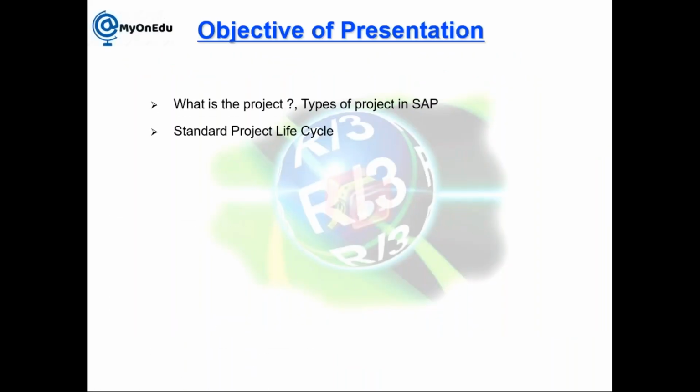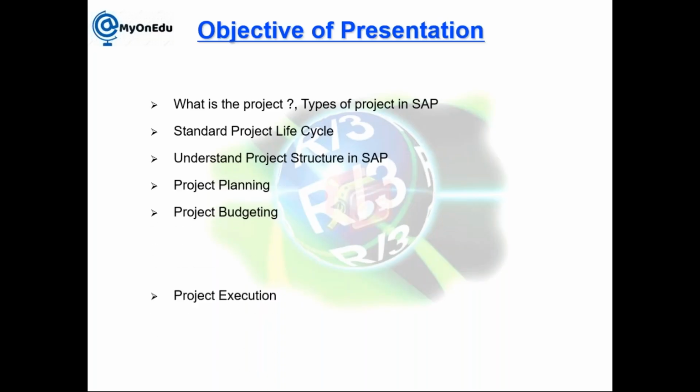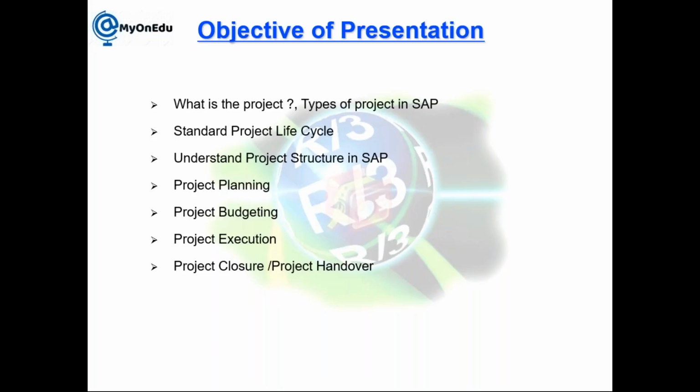The objective of this presentation is to explain what a project is and what types of projects we have in SAP. Next is the standard project life cycle, to understand all the transactions and the process flow within the project. Then understanding project structure in SAP, project planning, project budgeting, project execution, project closure, and project handover.